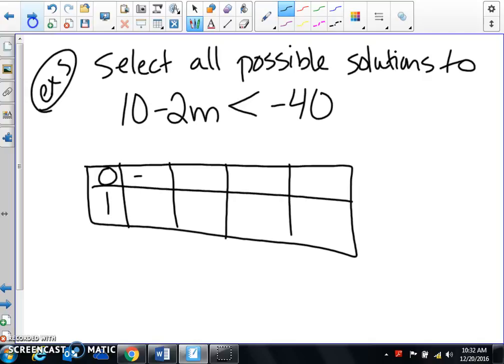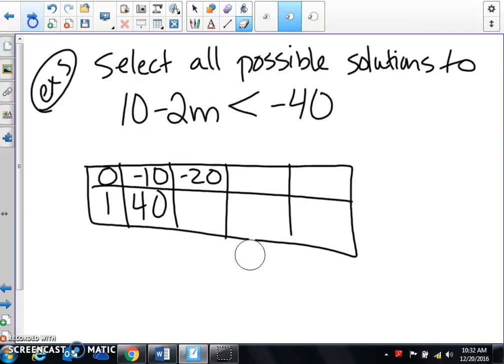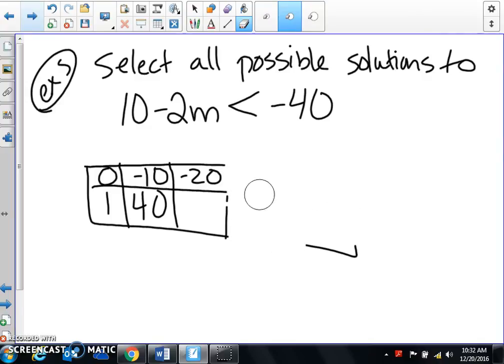Zero, 1, negative 10, 40, negative 20. Actually, we don't need this many. Let's take off that. Sorry. Erase it. You can leave it blank. I don't care. Negative 20, and let's do 100.